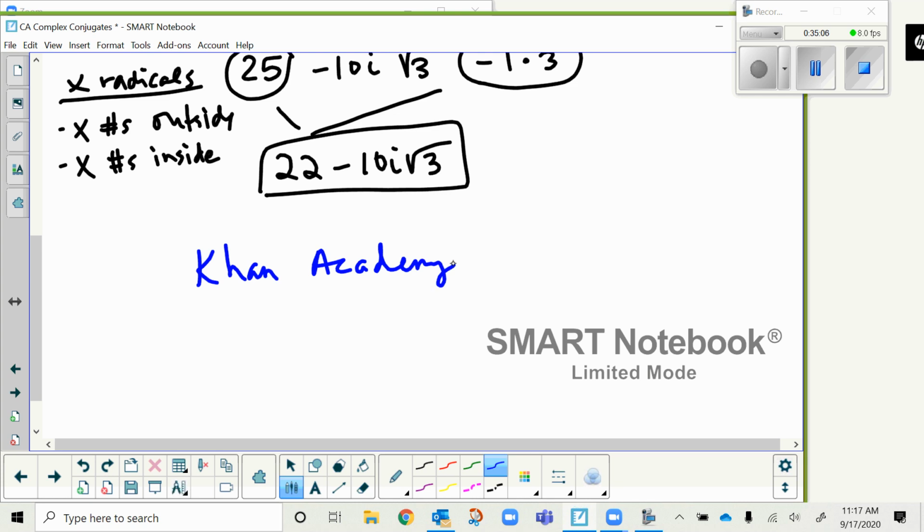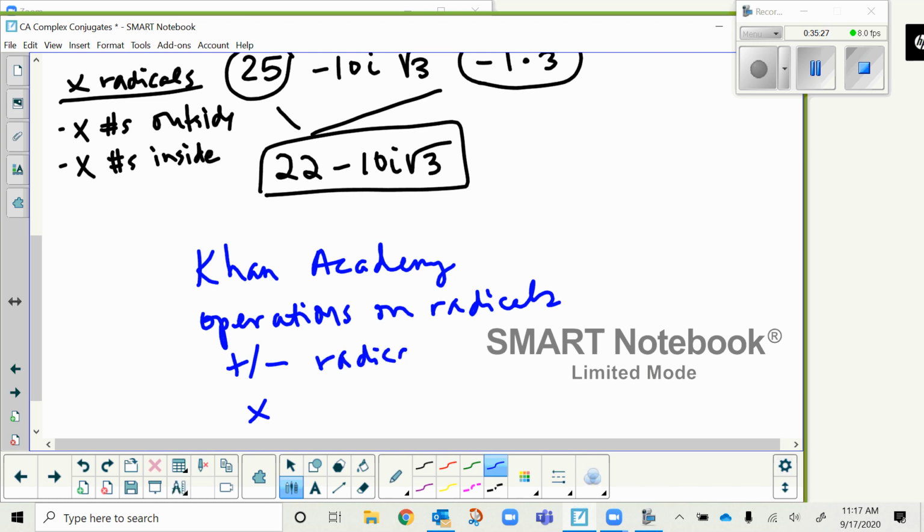You can come into tutoring and we can just go over some problems. But what you would be looking for is you could search for operations on radicals, or you could specifically search for add, subtract radicals, multiply radicals. But if you use the word operations, you'll get results for add, subtract, multiply. So we are done.